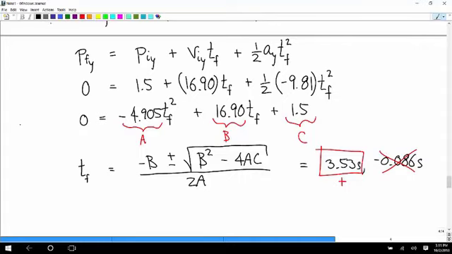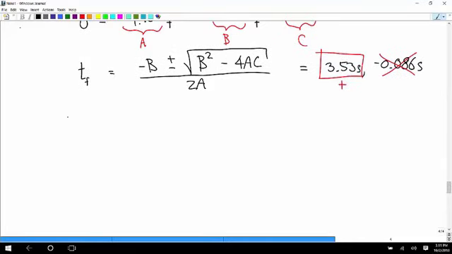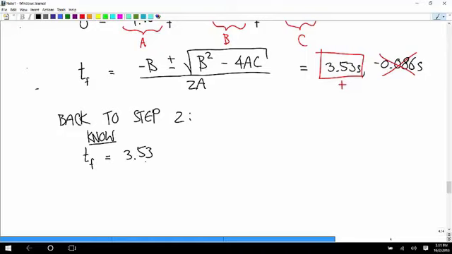And now if we go back to step 2, now we know TF. We know the acceleration.